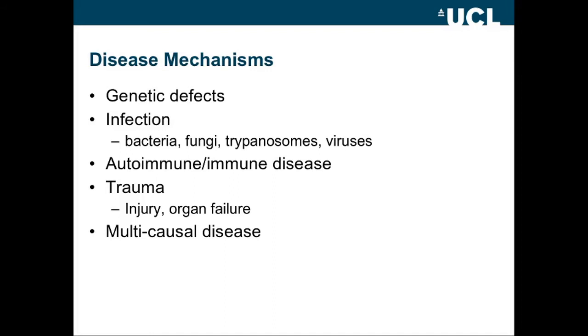The second type is related to infection, and that might be by bacteria, fungi, trypanosomes and viruses. And often there our drug target will be a protein that is expressed by one of those invading organisms, though not always.